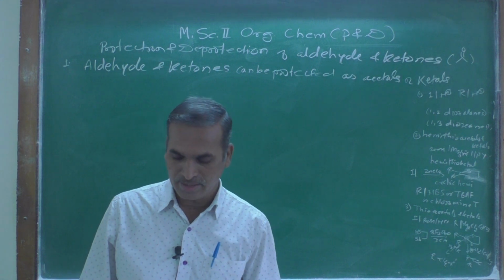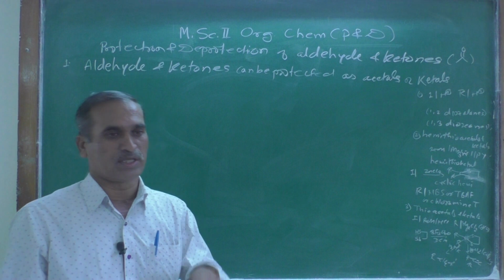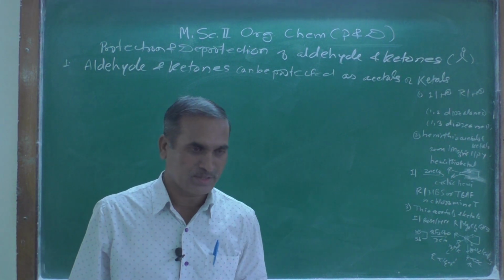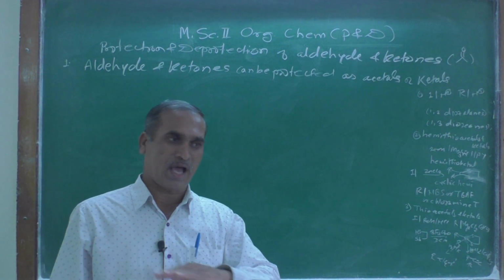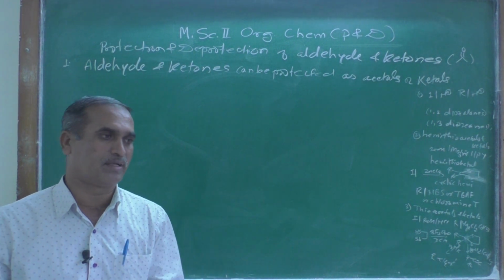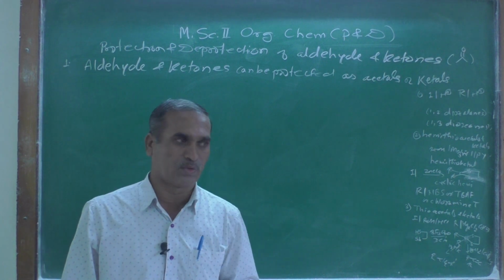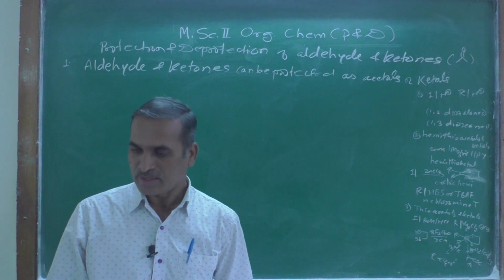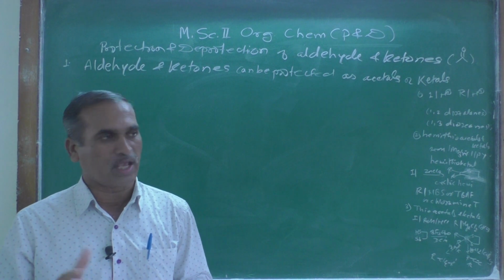But in an acidic condition we can introduce this group, and we can also remove it under acidic condition only. It gets cleaved very easily and we can get the carbonyl group back as it is.